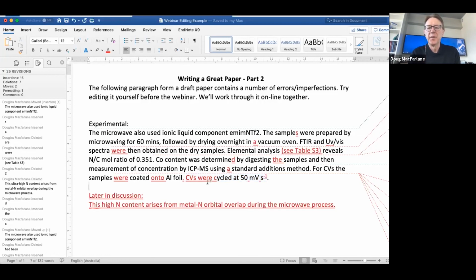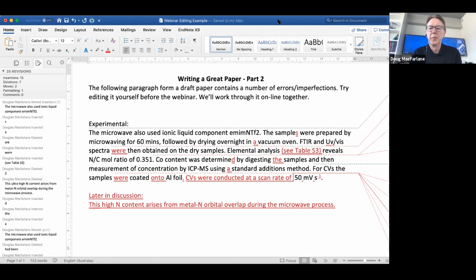So I would prefer to build this sentence out quite a bit and say, CVs were conducted at a scan rate of that.